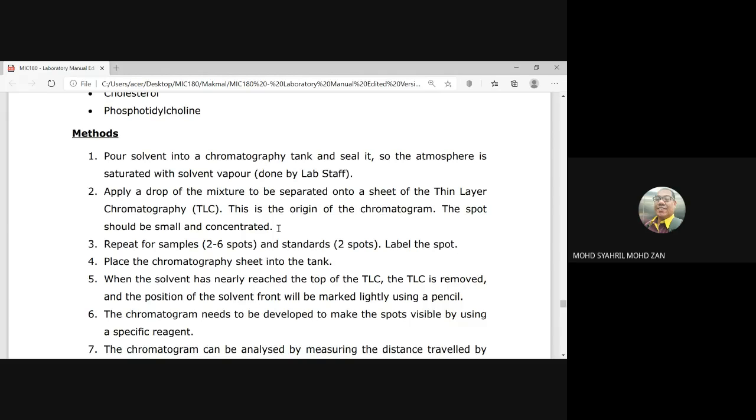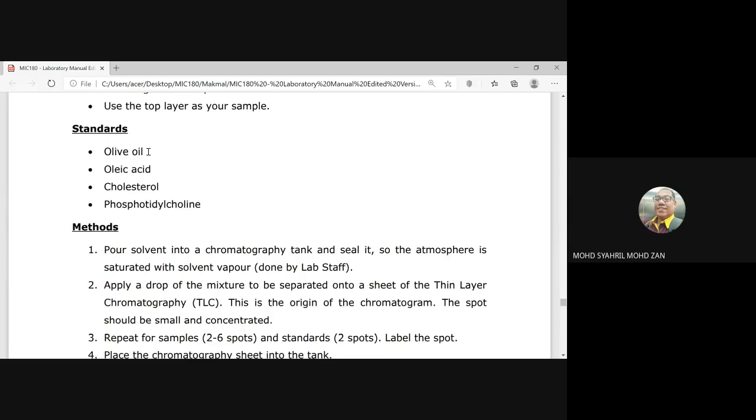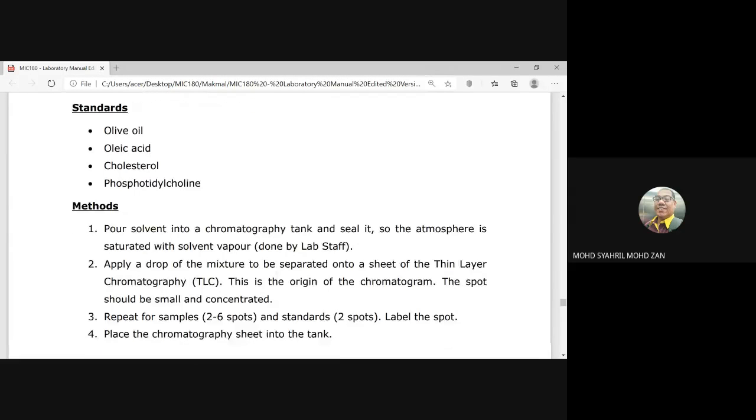Alright. So repeat for samples, 2 to 6 spots. So samples refer to our groundnut tadi. So we label it as unknown, right? And the standards are our 4 types of standard here. Is it oleic, olive, cholesterol, or phosphatidylcholine?